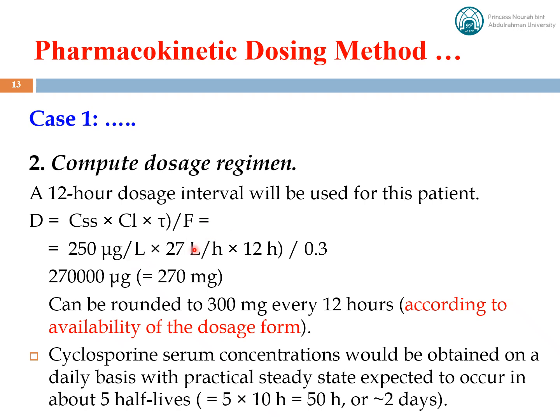So we converted into liters per hour, and per hour, not per minute, because the tau is 12 hours, not in minutes, divided by 0.3, so the dose is 270,000 micrograms, which equals 270 milligrams. It can be rounded up to 300 milligrams every 12 hours according to the availability of the dosage form.